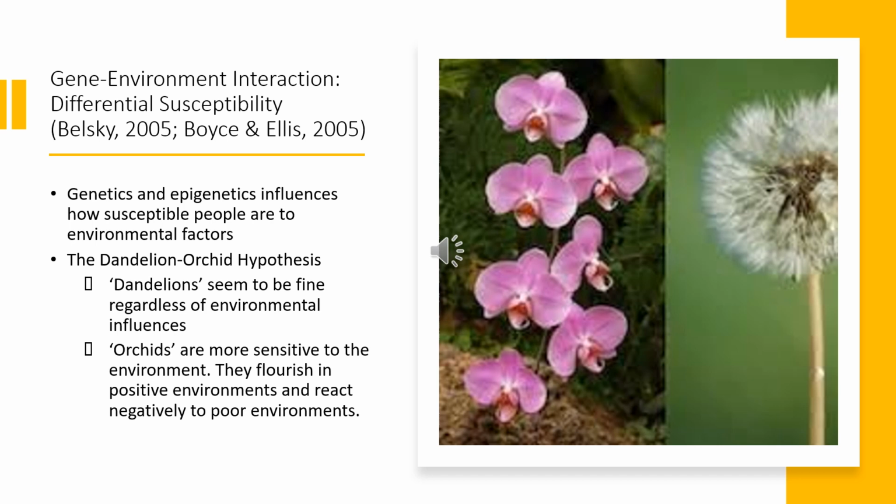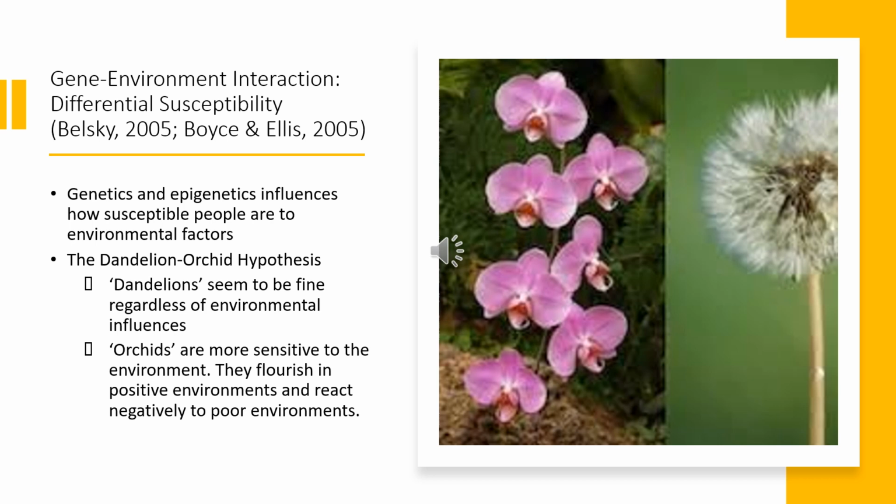We're going to spend a few slides talking about the differential susceptibility framework, which is one framework within the overall gene environment interaction frameworks. And so basically we know that genetics influence how susceptible people are to environmental factors. And we'd even go further to say epigenetics influences how susceptible people are to environmental factors.